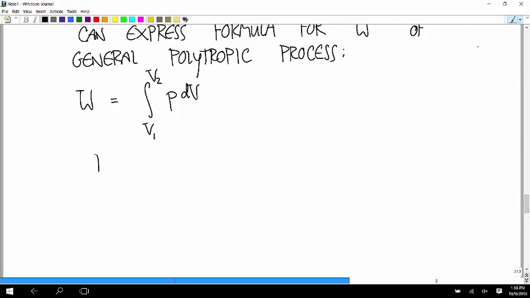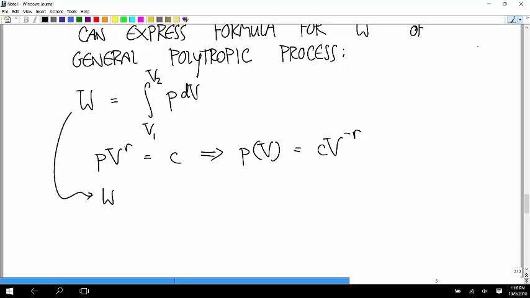We know that PV to the R is equal to some constant C. So P as a function of volume is equal to C times V to the negative R. And so the work is equal to the integral from volume 1 to volume 2 of C V to the negative R dV.